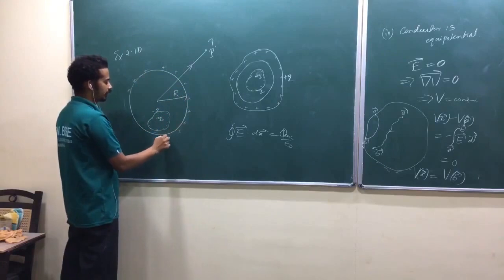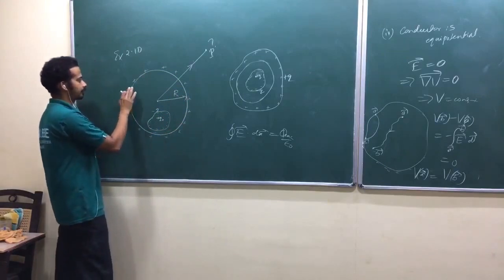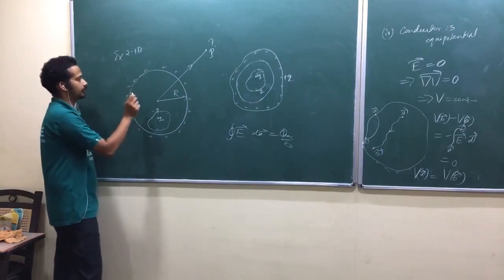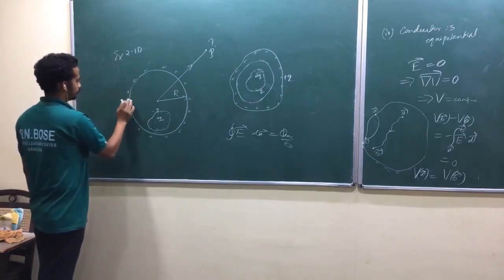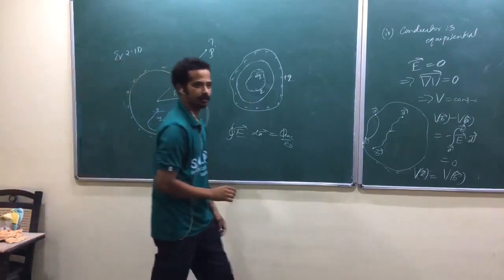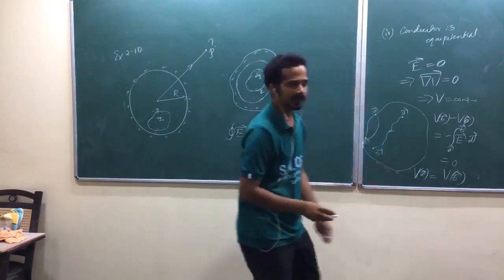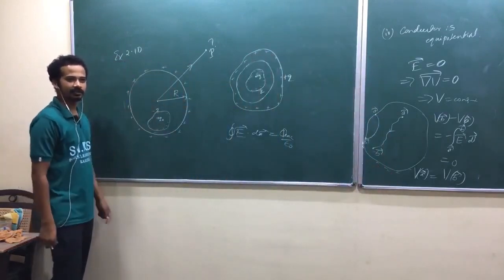Now you have to argue that this charge distribution is uniform. Why? Because the surface is uniform. You may feel there may be more charges here, less charges here, but that will not happen.